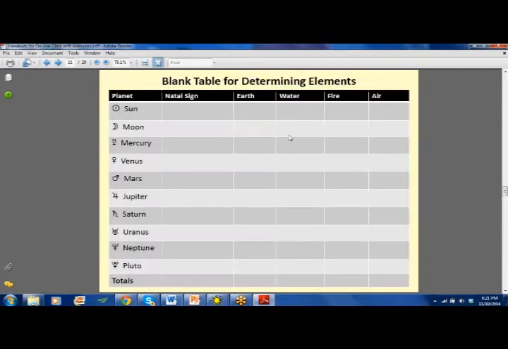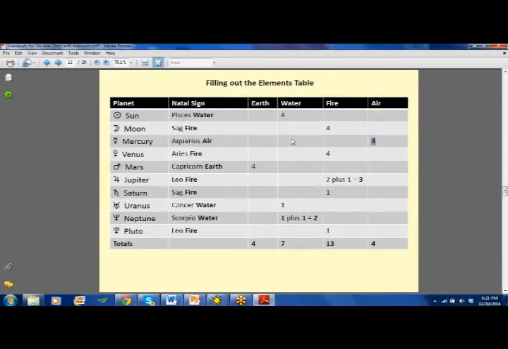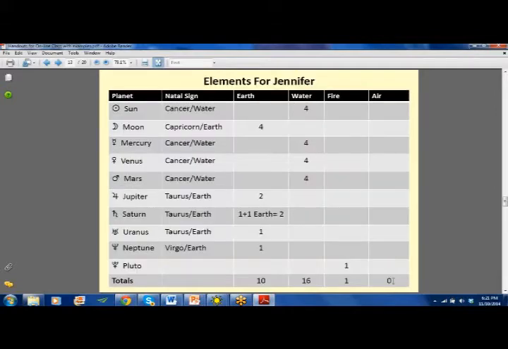So let's see. The thing also with Jennifer is you could add Aquarius rising and give her one point of air, but you'd add one more point of everything else because she's got all 4 elements on the angles of her chart.